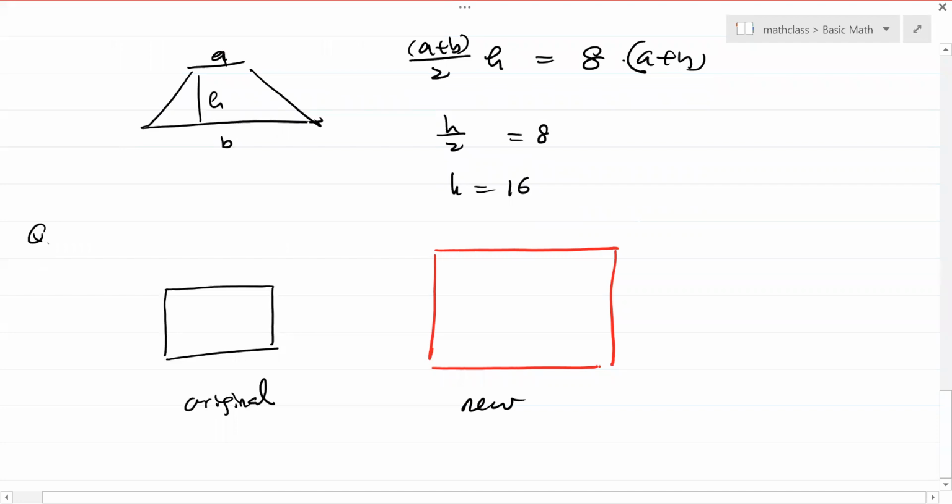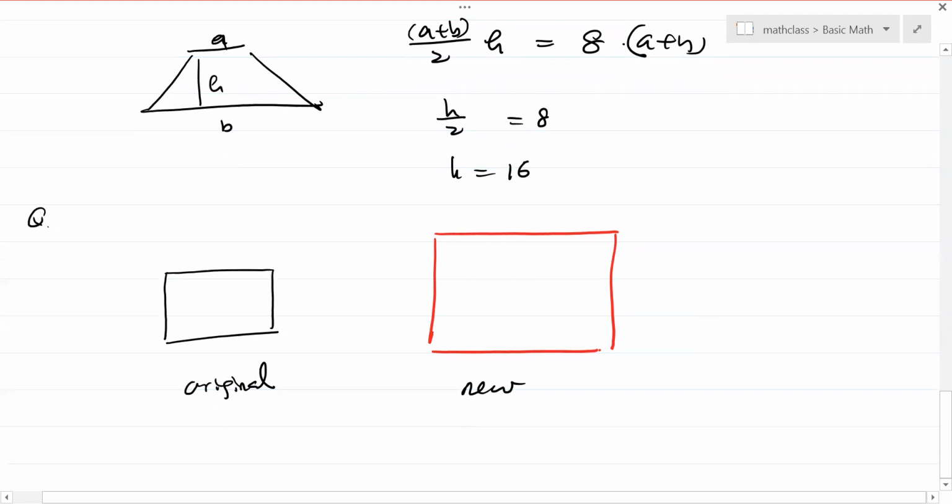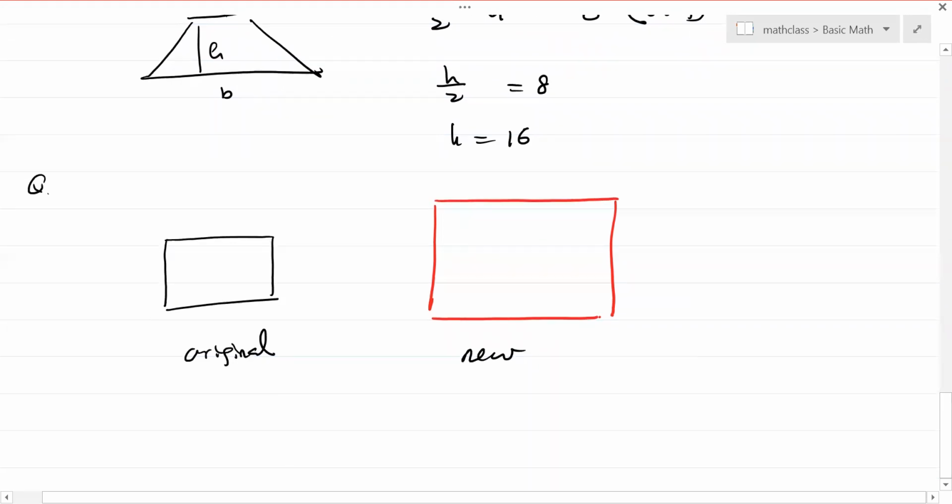The numerical value of the area of the new rectangle is equal to k more than the sum of the numerical values of the original rectangle's area and perimeter. Okay, now it's a little bit complicated here, right? So you translate the sentence into the equation, okay?